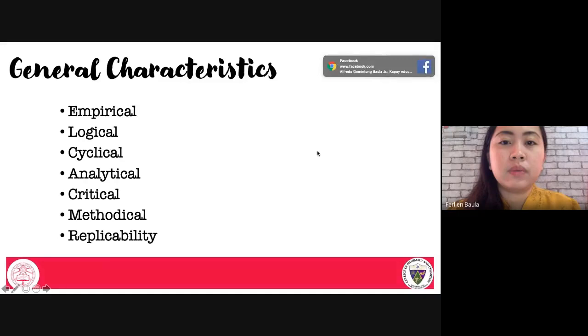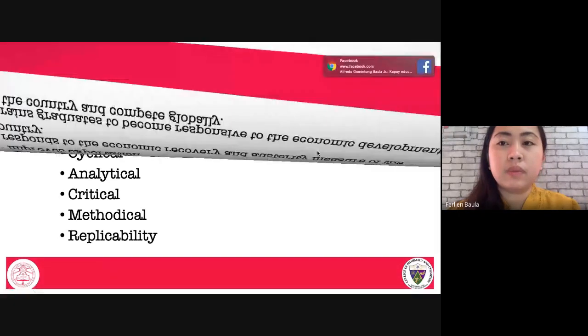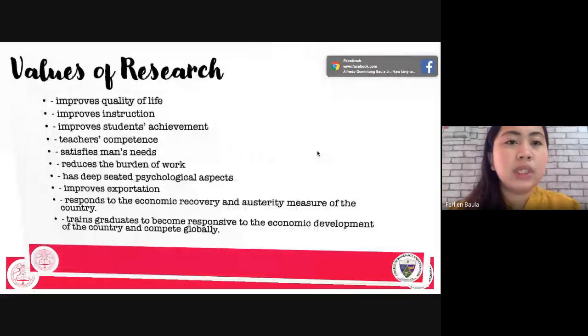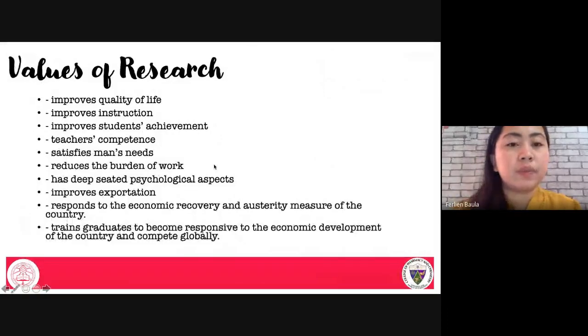So what are the values of research to man? Of course, it can improve quality of life. According to President Duterte's SONA, the vaccine is coming. And according to the different manufacturing laboratories, they are on the last phase of developing the vaccine.